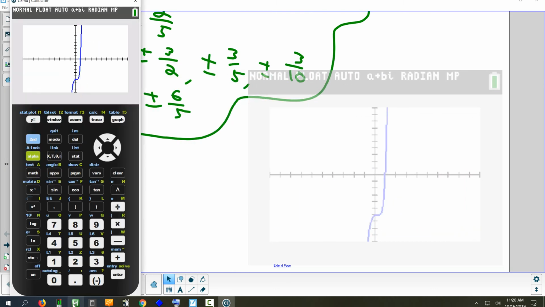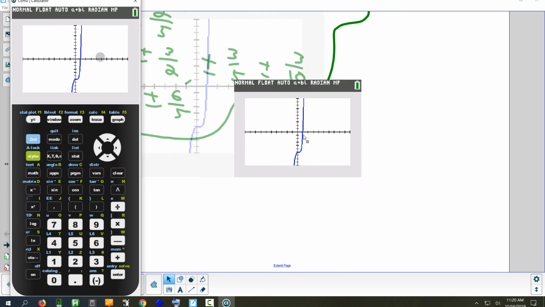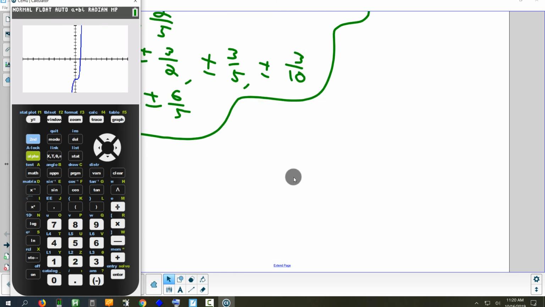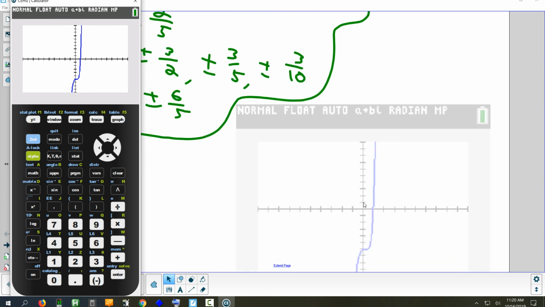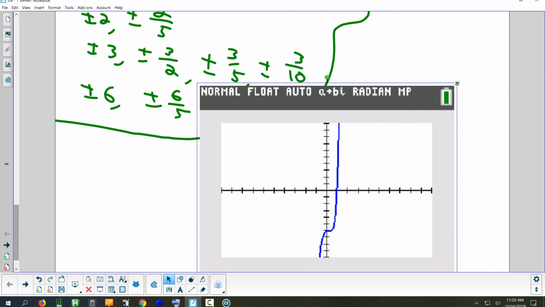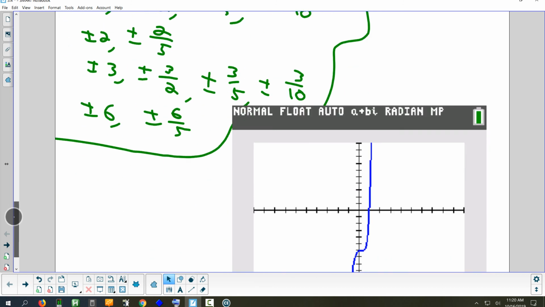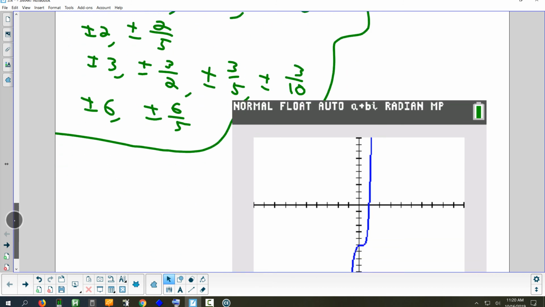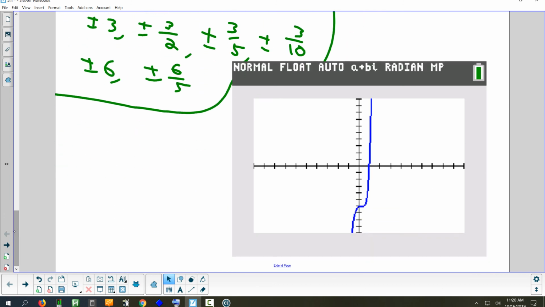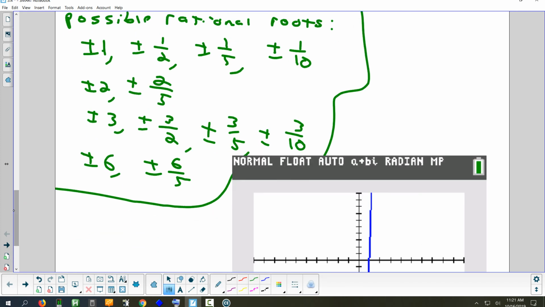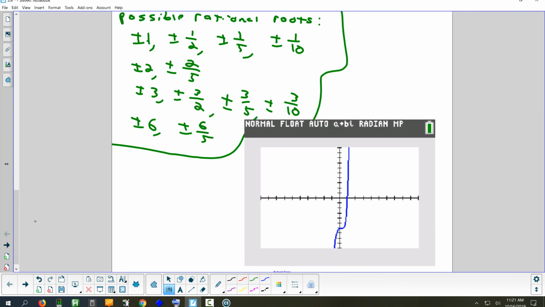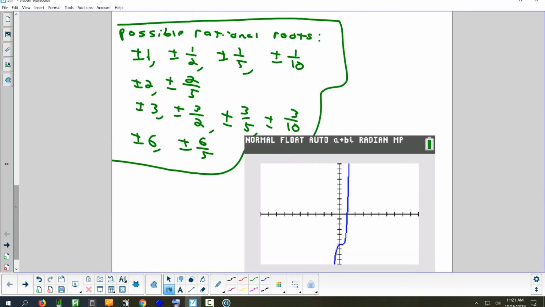Now, one thing that you've got to be able to do is get the graph on the page, and look at your graph and narrow this list down. It looks like it crosses the x-axis pretty close to what number? 1. So let's look at our list and narrow it down a little bit.